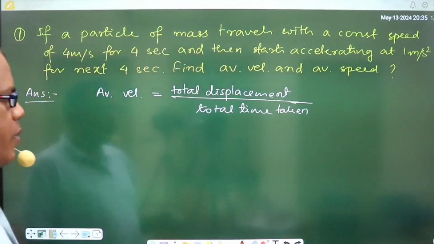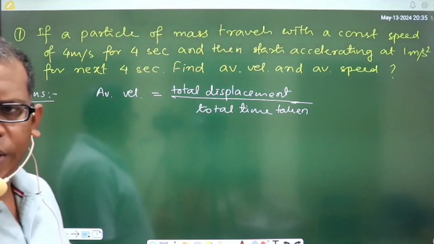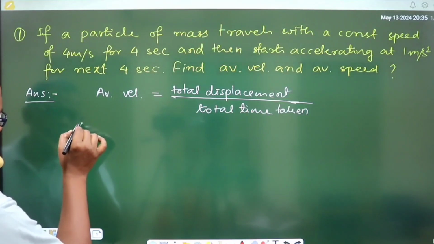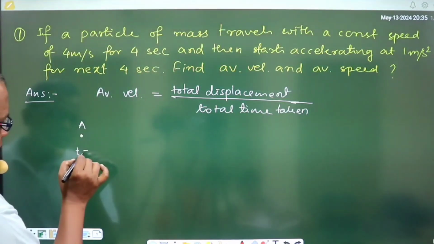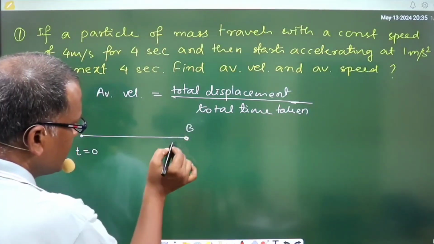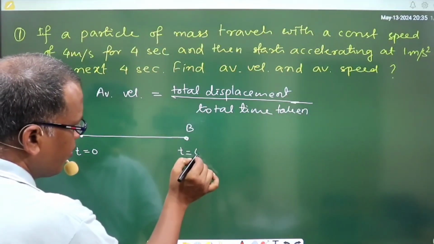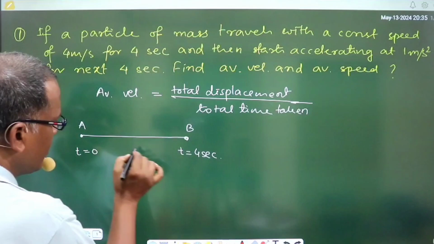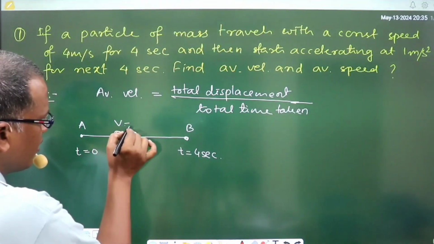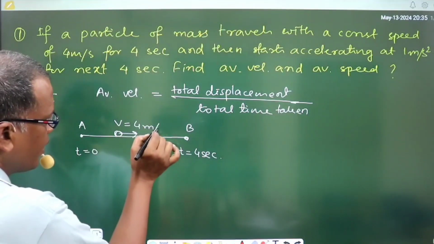So total displacement will be in two phases. The first one is with constant velocity. If I mark the position as A at t equal to 0 second, from A to B it is traveling. This is the instant of 4 seconds. During this first 4 seconds the body is moving with the constant velocity of 4 meter per second.